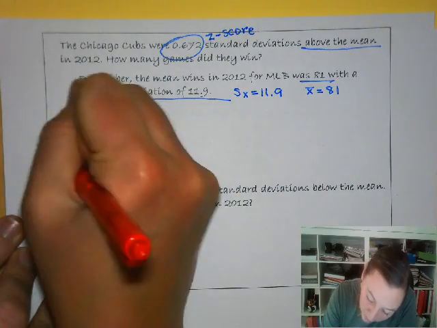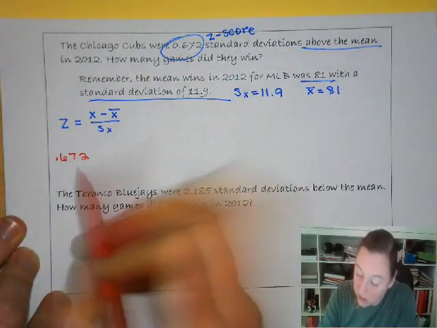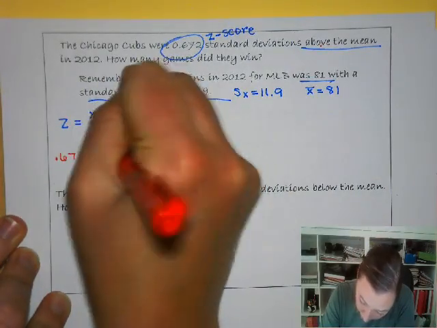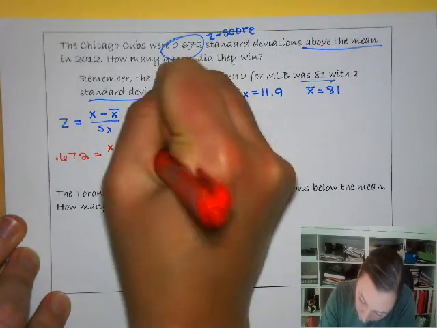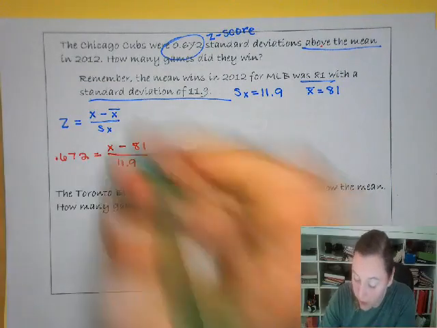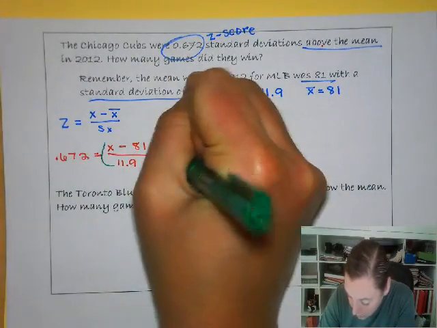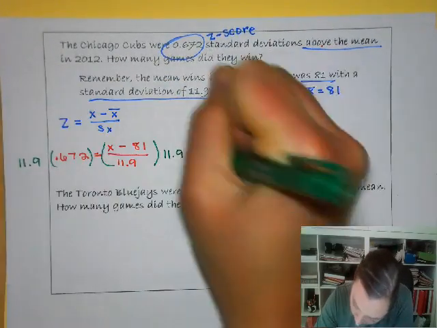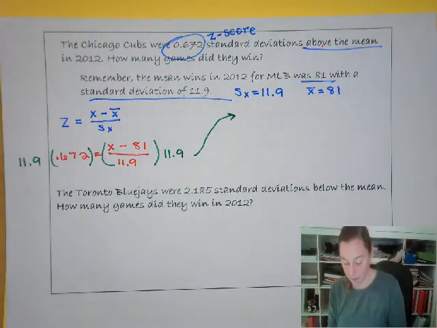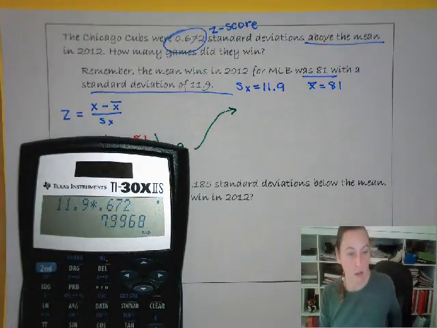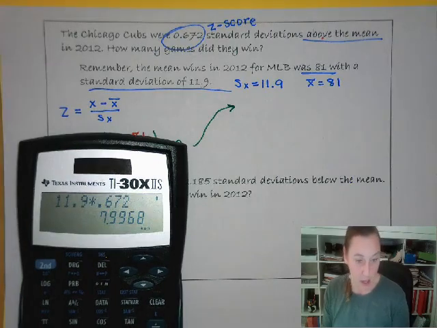So 0.672, and it's positive because it's above the mean, is equal to x, we don't know that one, minus 81 divided by 11.9. The first step to solve for x is to multiply both sides by 11.9. 11.9 times 0.672 gives us 7.9968.